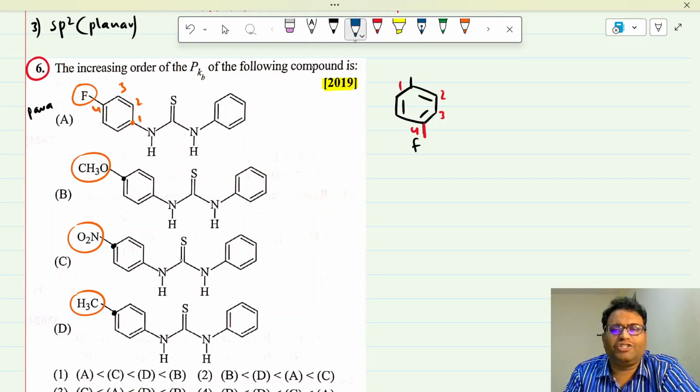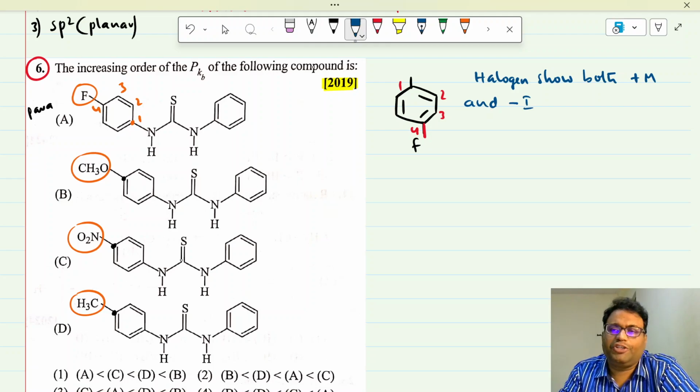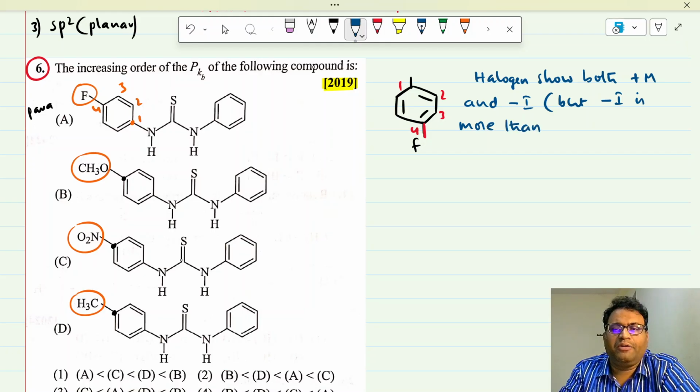We know that halogens show both plus M and minus I, but minus I is more than plus M. This is only in the case of halogens.